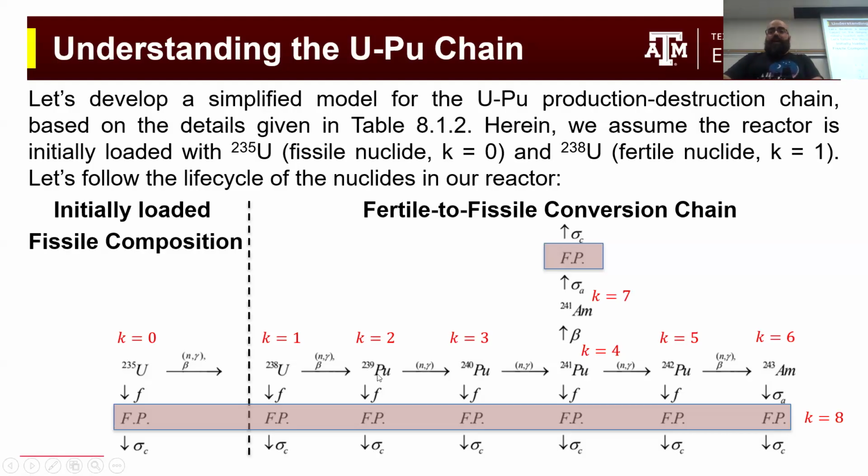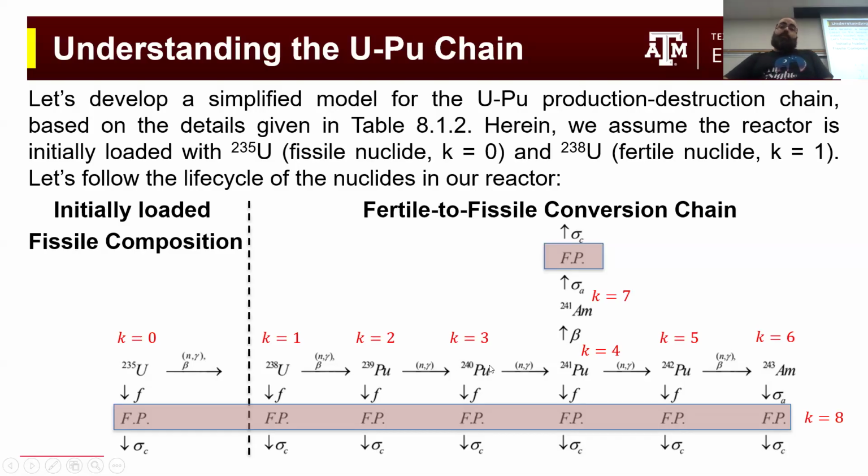And plutonium-239 itself could fission, in which case it produces fission products, or it could capture a neutron and become plutonium-240. So if you look at isotope 2, plutonium-239, it has a gain mechanism due to the capture of U-238. It also has loss mechanisms due to fission and itself capturing a neutron and becoming something else.